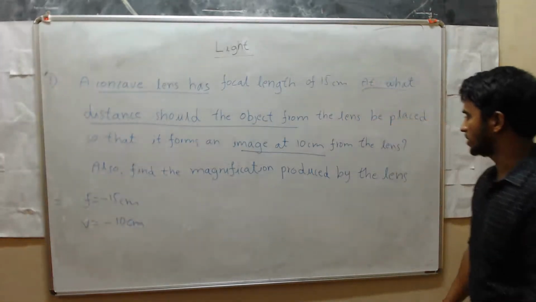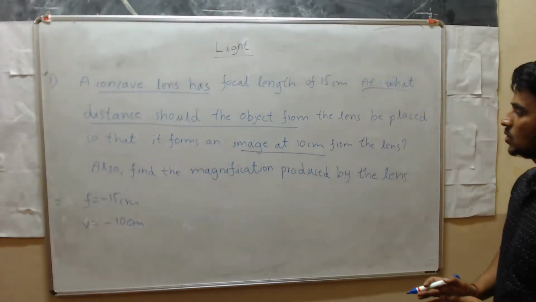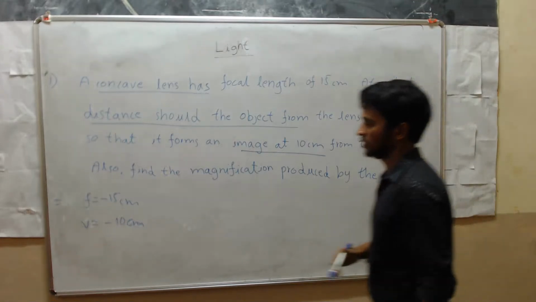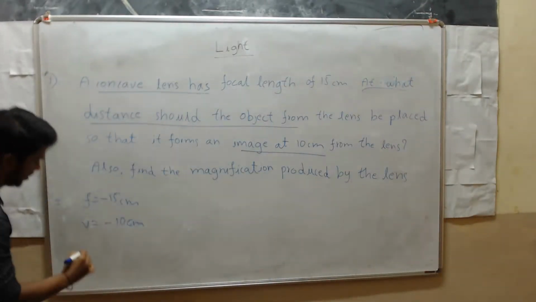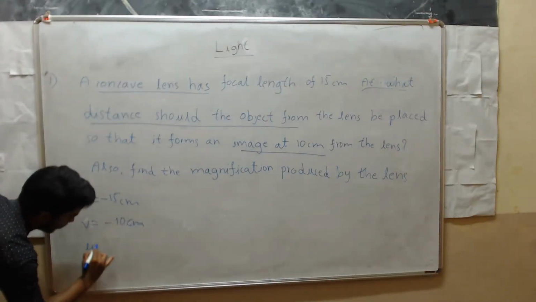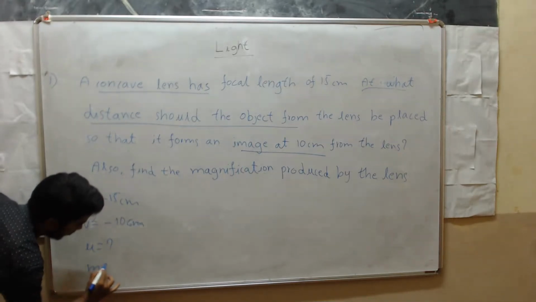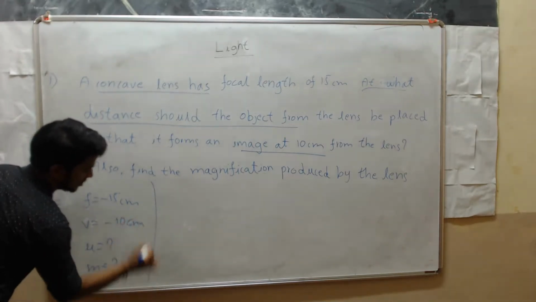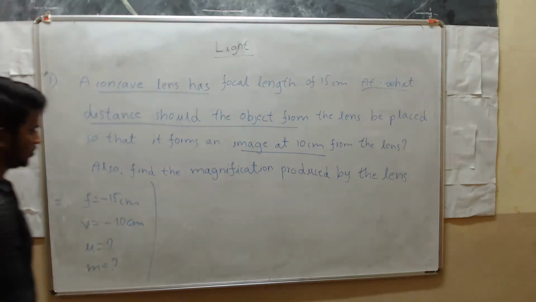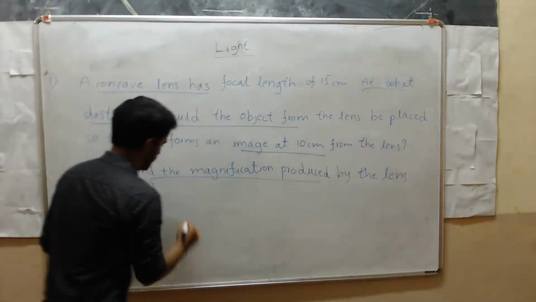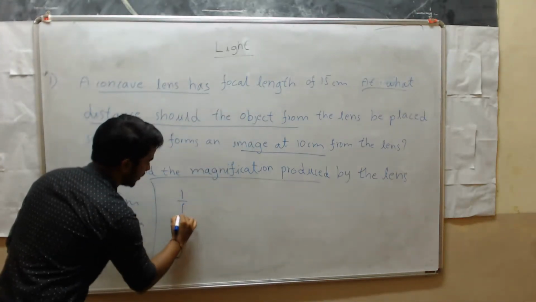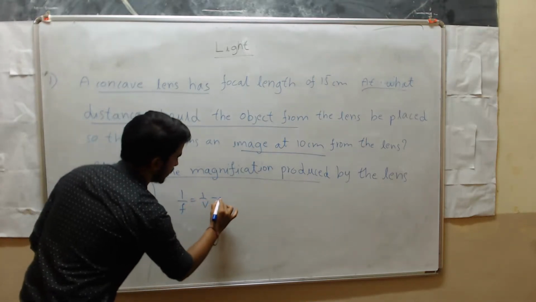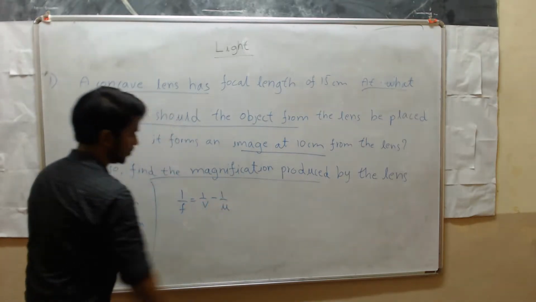So v equal to minus 10 centimeter from the lens. Also find the magnification produced by the lens. So first we need u, then magnification. You know the lens formula, that is 1 by f equal to 1 by v minus 1 by u.